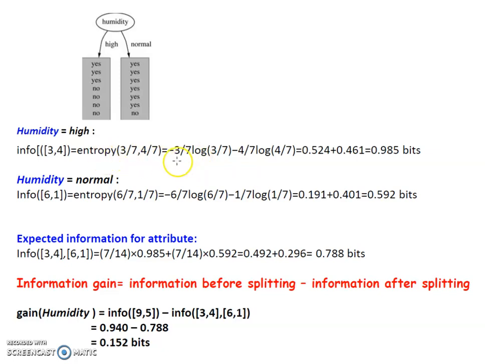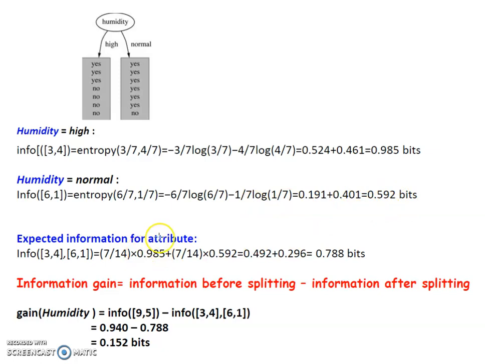So it is minus 3 by 7 log 3 by 7 minus 4 by 7 log 4 by 7, which gives 0.985 bits. For normal, we calculate the entropy of 6 comma 1 over 7, which is minus 6 by 7 log 6 by 7 minus 1 by 7 log 1 by 7.